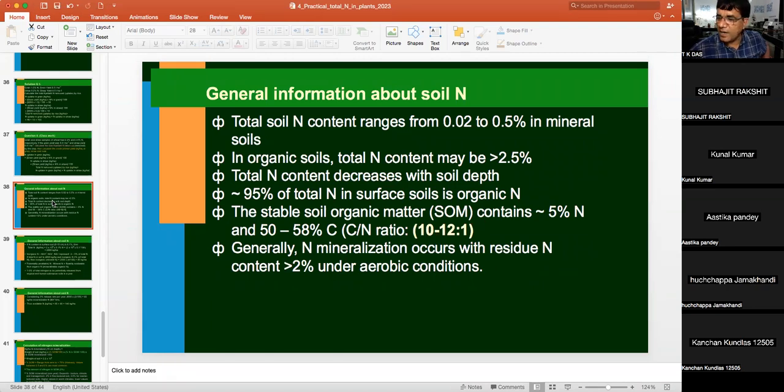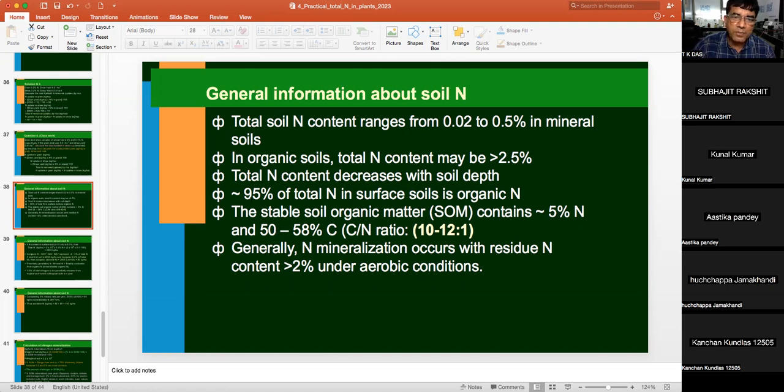Total nitrogen content decreases with soil depth, means surface soil has more nitrogen percentage. As you go deeper, the nitrogen content will go down.